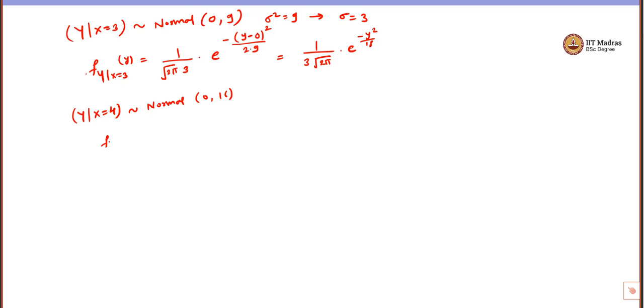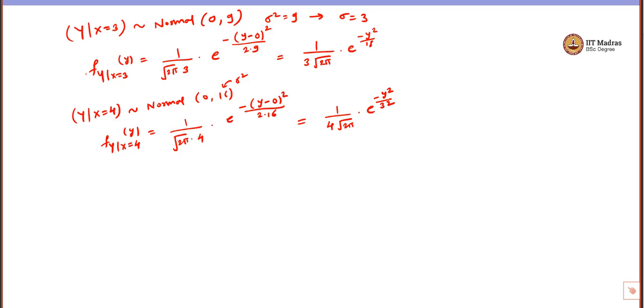So we can write here f of y given x equals 4 of y is equal to 1 upon root 2 pi into 4, since this is sigma square 16, into e to the power minus y minus 0 whole square divided by 2 into sigma square, which is 16. So again we can write it as 1 upon 4 root 2 pi e to the power minus y square by 32. So this is the information given in the question.